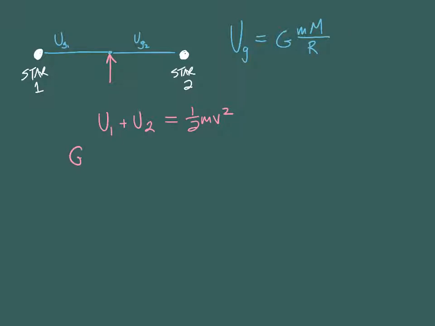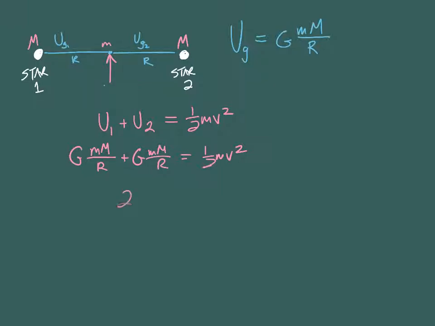So I'm going to have the same two masses, because both of these stars have a big M mass that's identical, and the ship has a little m mass. So in both cases, I'm going to have a little m, big M. The distance r is the same in both cases. And that's half mv squared.